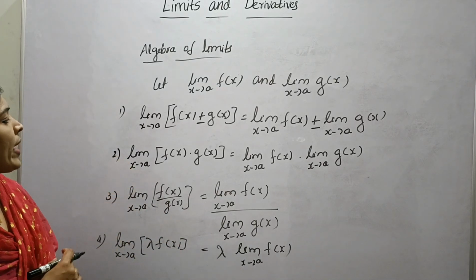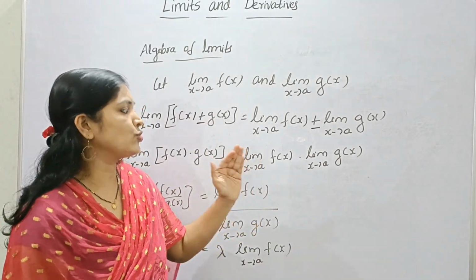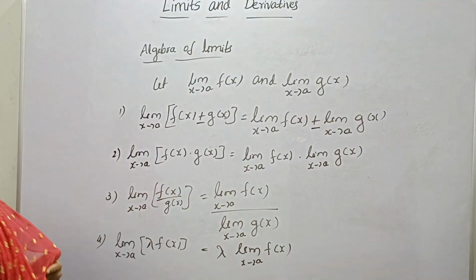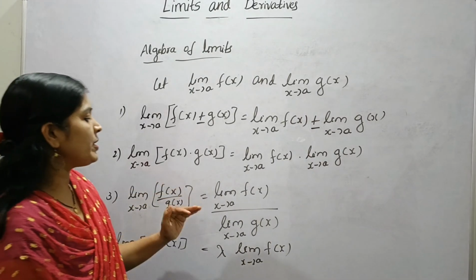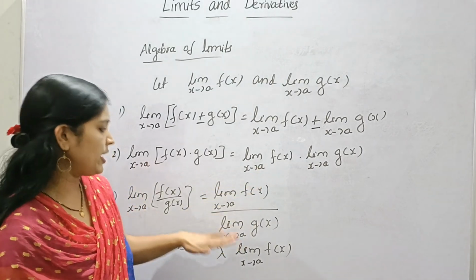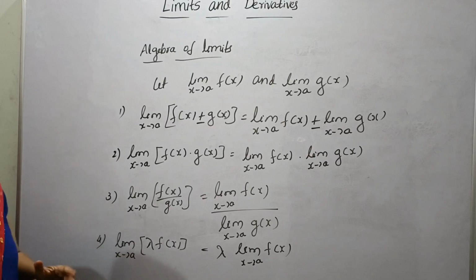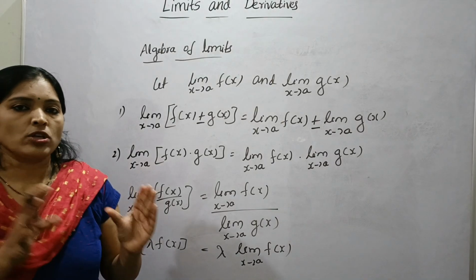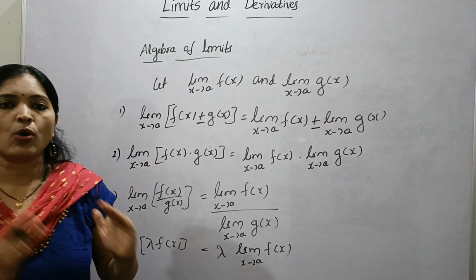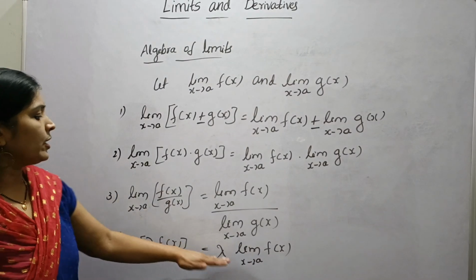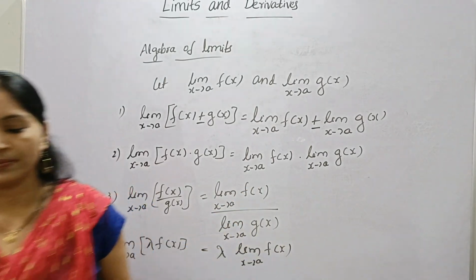The limit of f(x) times g(x) is equal to the limit of f(x) times the limit of g(x). The limit of f(x) divided by g(x) is equal to the limit of f(x) divided by the limit of g(x). Next, the limit of lambda times f(x), a constant times a function. In that case, we can take the constant outside of the limit, equal to lambda times the limit as x tends to a of f(x).